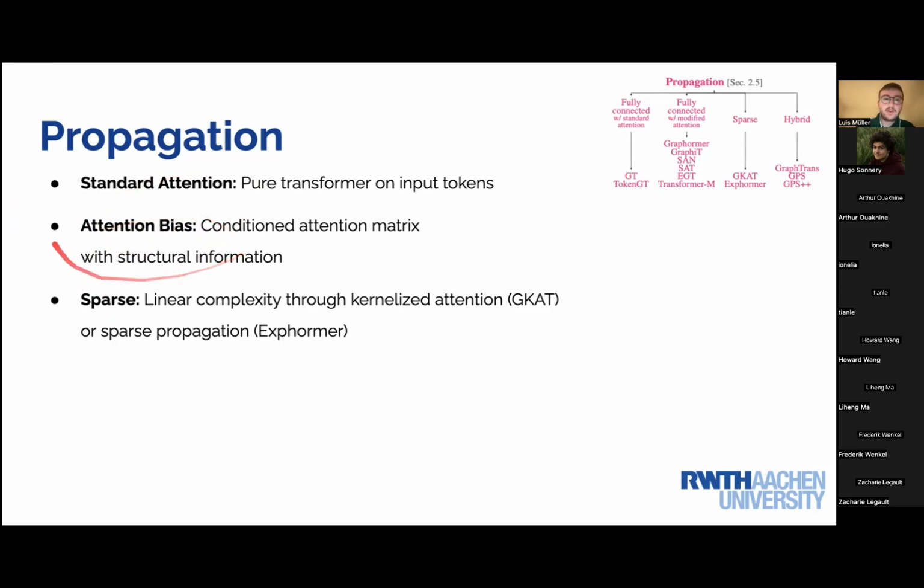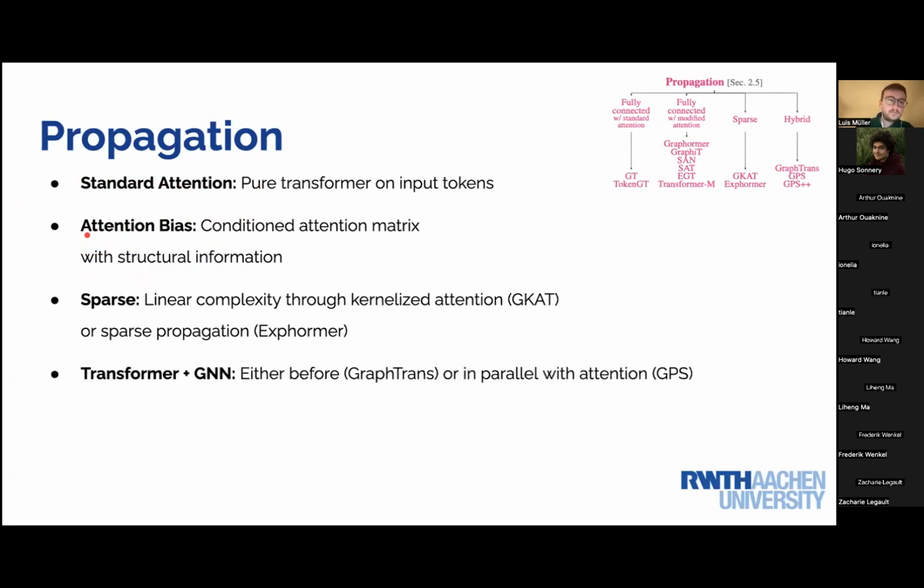But as I said, this also comes with some downsides in terms of scalability and generality. It's not a pure transformer anymore. So if there's a new innovation for transformers, it cannot necessarily be applied because we are actually modifying the attention mechanism.